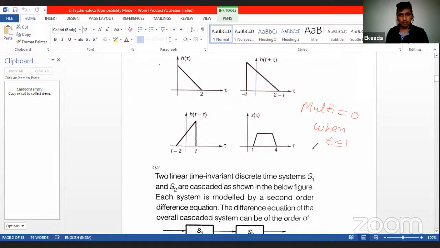Then there will be no intersection of these two graphs, so the multiplication will be 0 and the integration will be 0. Similarly, y(t) equals 0 when t minus 2 is greater than 4, that means t is greater than 6, y(t) will again be 0, because the curve will be like that.